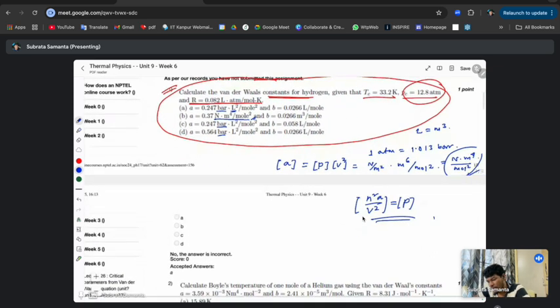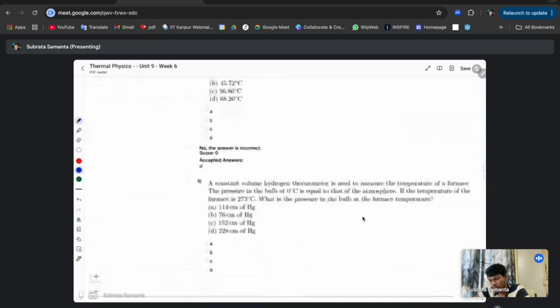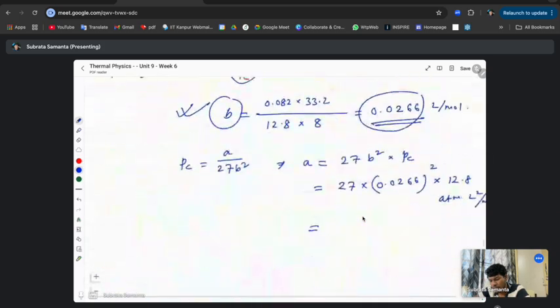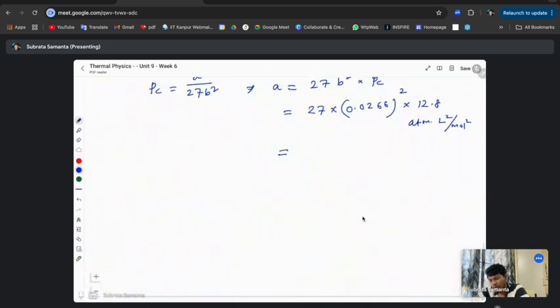But we have to calculate in bar. Because we have expressed in terms of liter per mole square, we use bar, so that's why we multiplied with this number. This is in atm, so I convert this: 1 atm equals 1.013 bar.